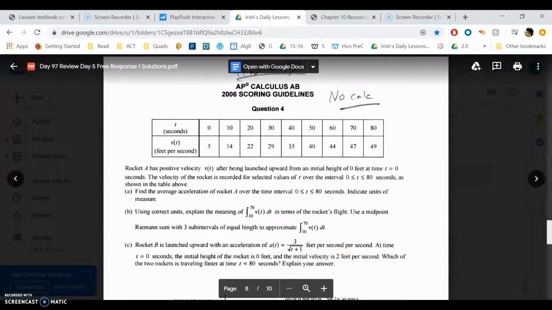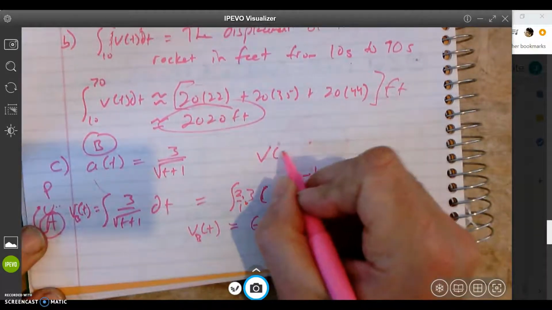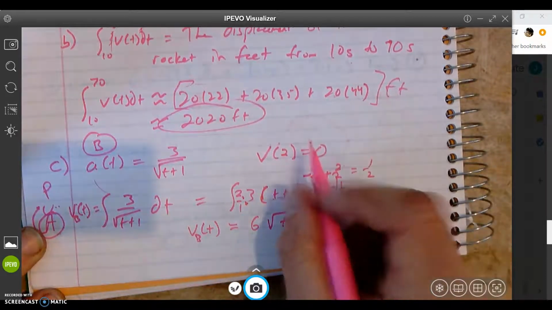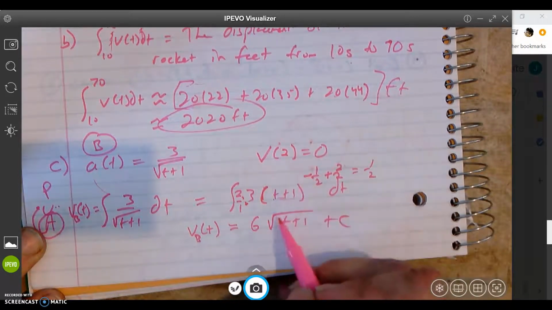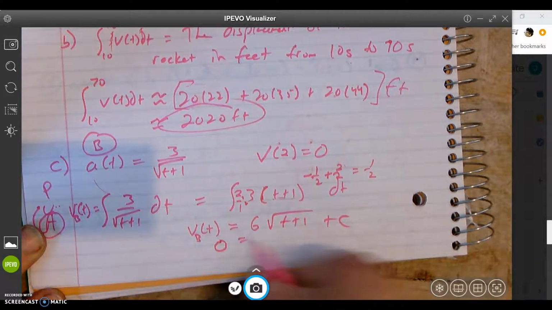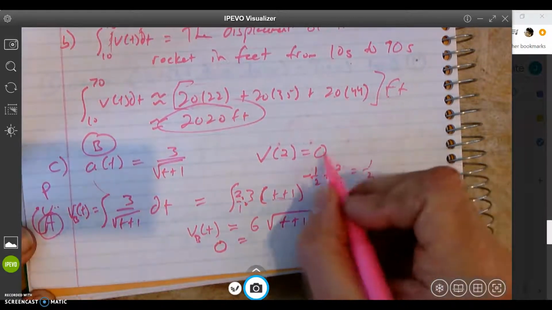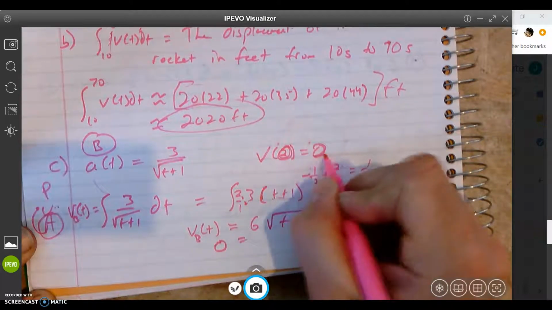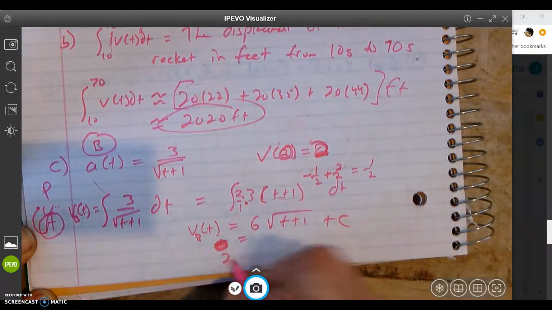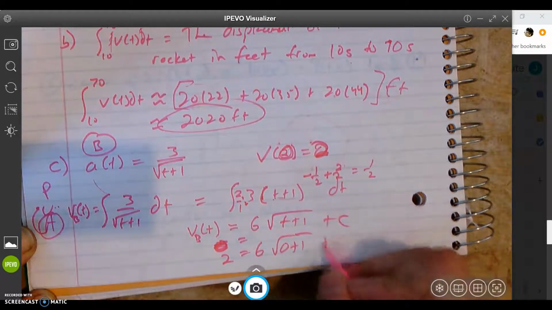So that would mean that velocity at 2 seconds is 0. No, sorry, my bad. t is 0, velocity is 2. Velocity is 2 when time equals 0. Sorry about that.